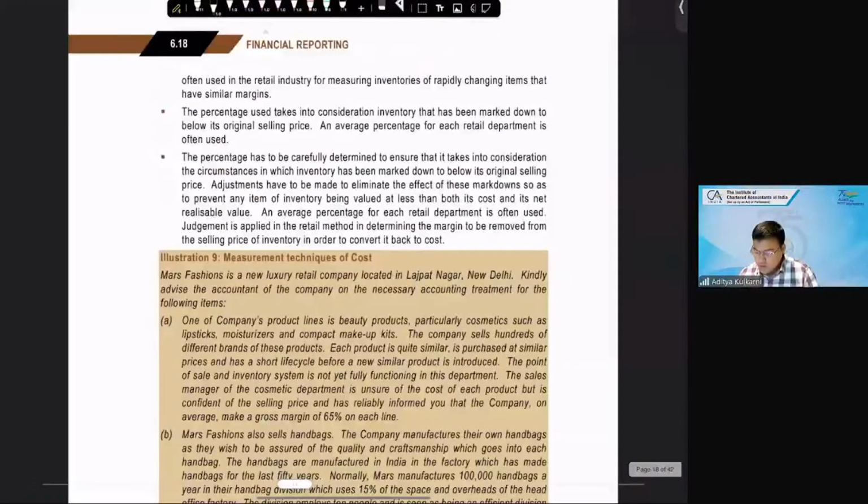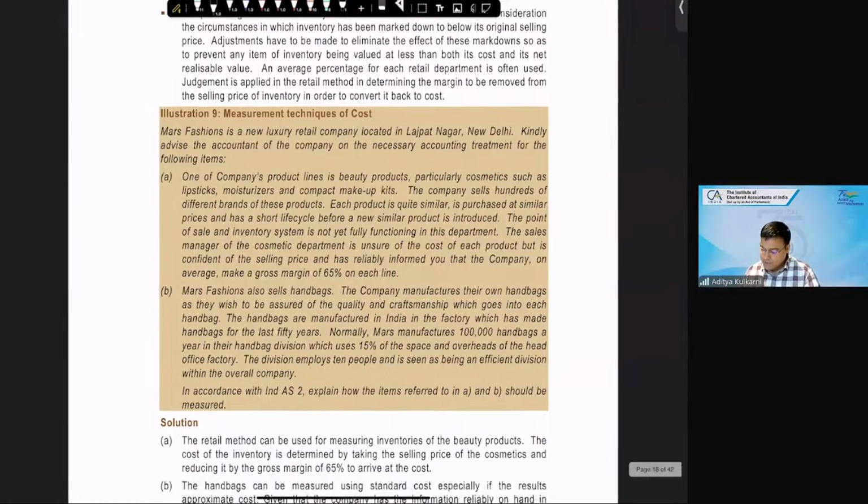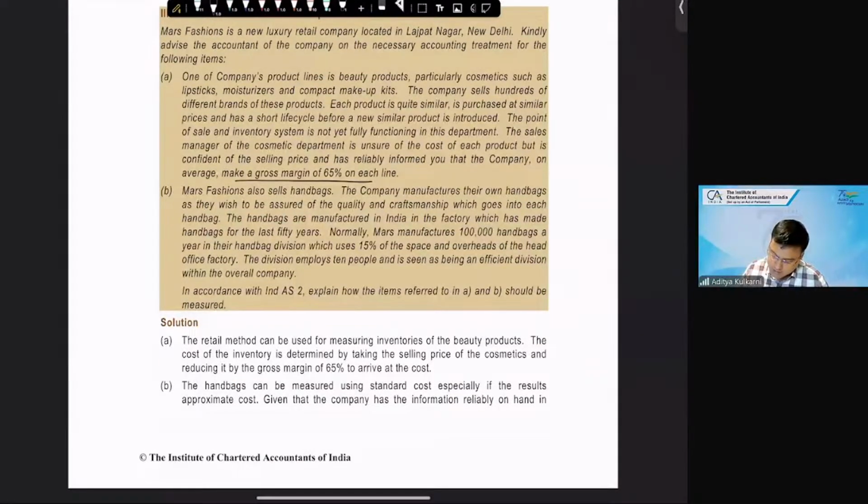Fine. So here you have certain measurement techniques of cost. The first one is Mass Fashions. You can use the retail method because there is an average gross margin of 65%. So this is the gross margin method. Mass Fashions also sells handbags.